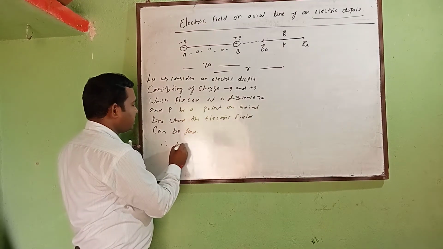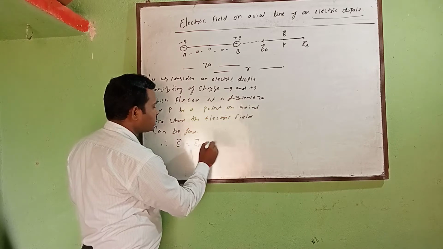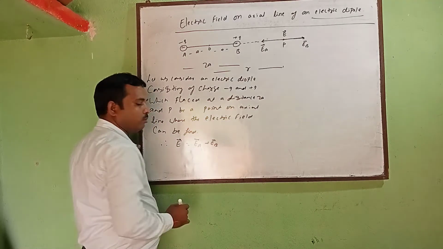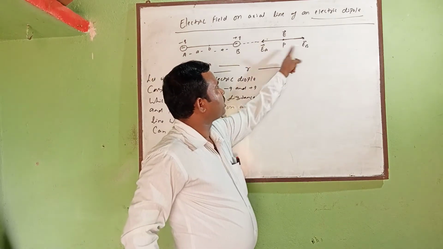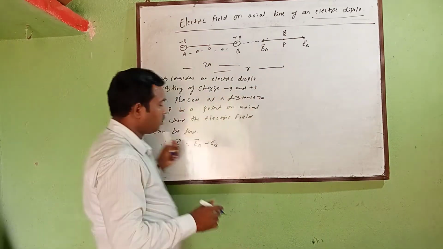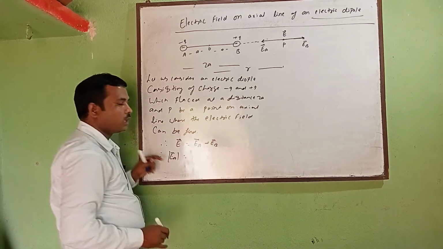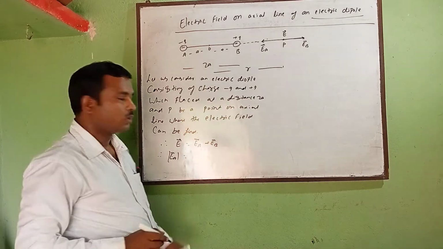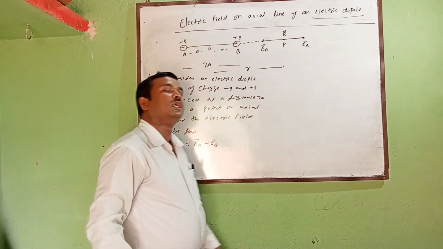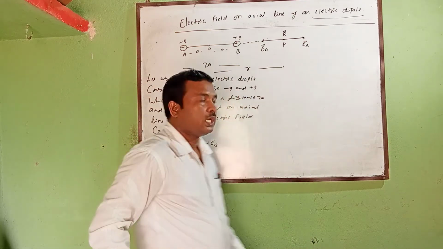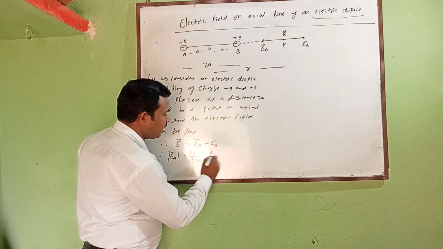Therefore you will write E equal to EA plus EB. Means the electric field you will find out. Here E is equal to EA plus EB, and now you can find out EA, which you can also write in the form of the mod. What is the formula of electric field due to a point charge? We can write 1 by 4 pi epsilon naught Q by distance square.